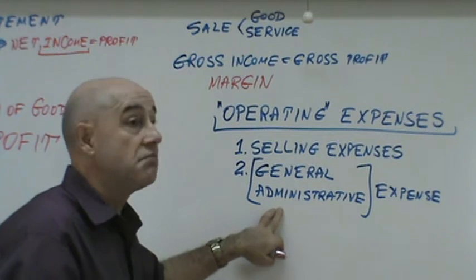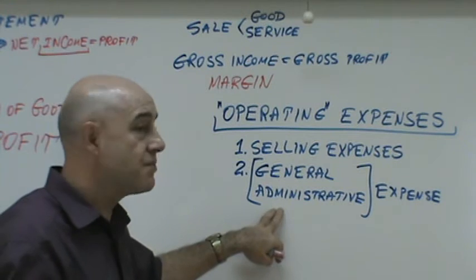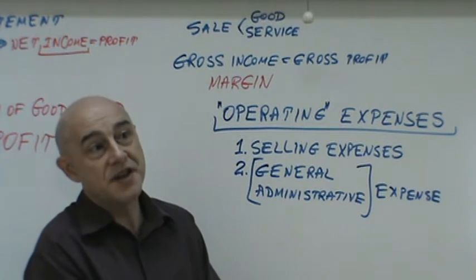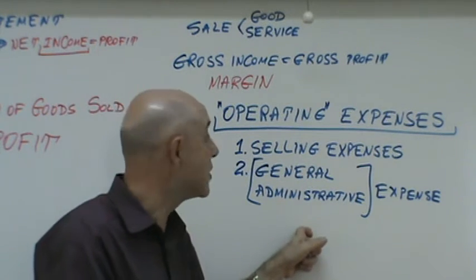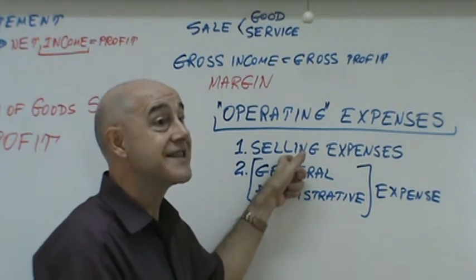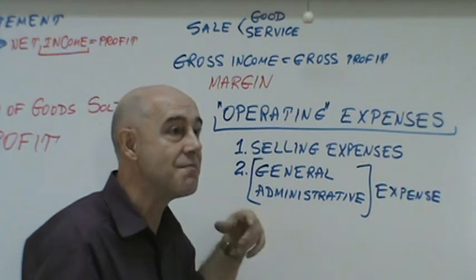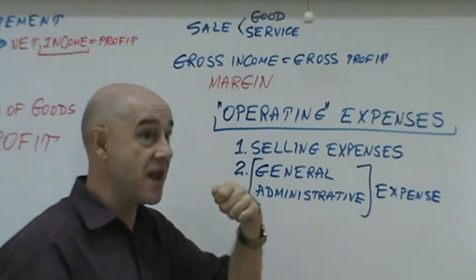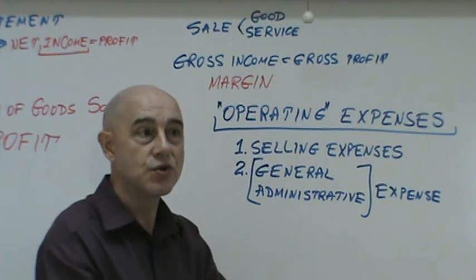Let's say the CEO has a secretary. A simple administrative expense will be a receptionist. The receptionist itself is not associated with particular selling, and is not associated with the main line of business, like the dentist. The dentist will do the work, but the receptionist will do all sorts of stuff.